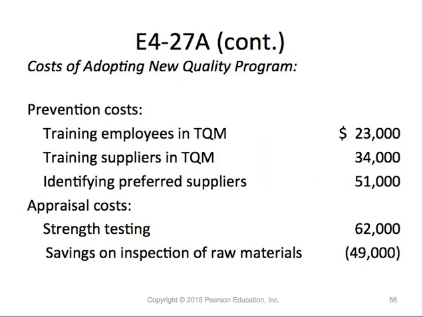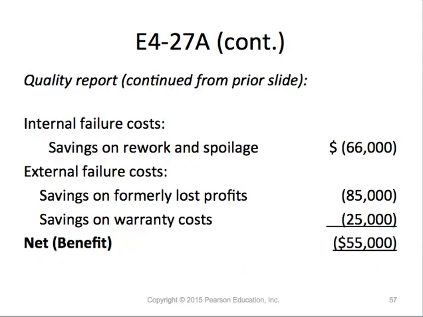So let's take a look here. Preventive costs is 234,051. Appraisal here is testing, and also savings on inspection of the raw materials because of this inspection. So the saving is $49,000.